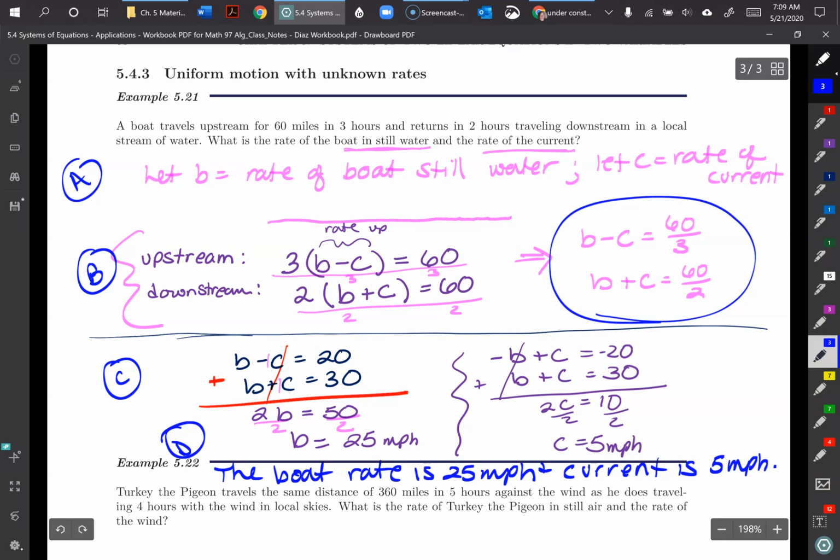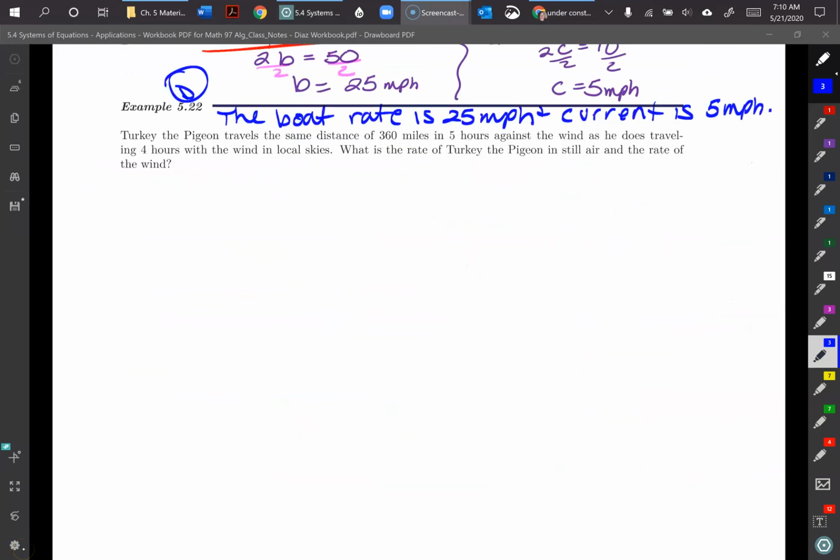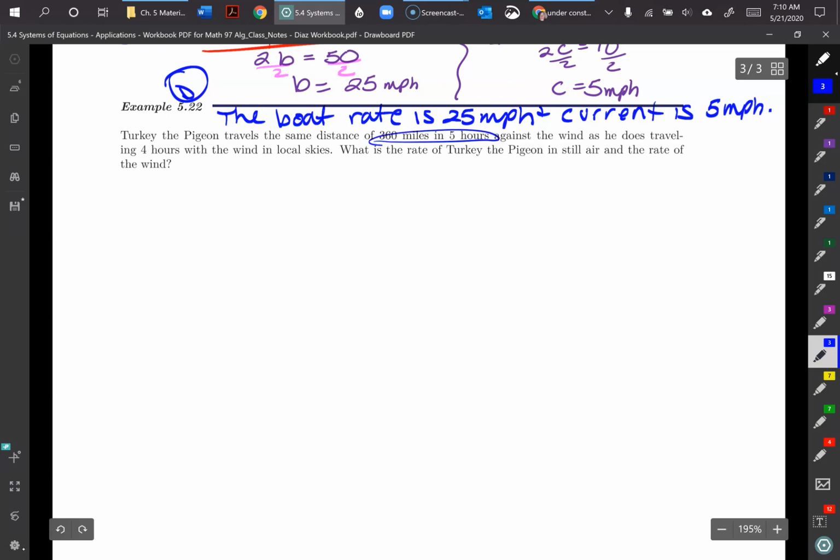Okay, so example 5.22, this one is Turkey the pigeon. Turkey travels the same distance of 360 miles in 5 hours against the wind as he does traveling 4 hours with the wind in local skies. What is the rate of Turkey the pigeon in still air and the rate of the wind?